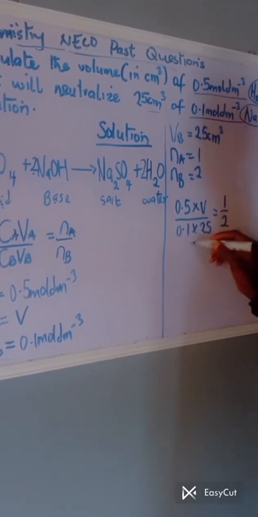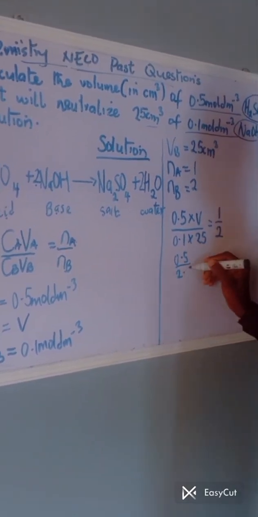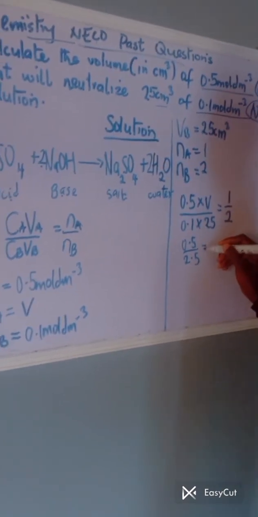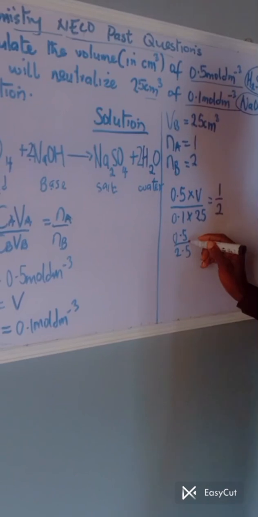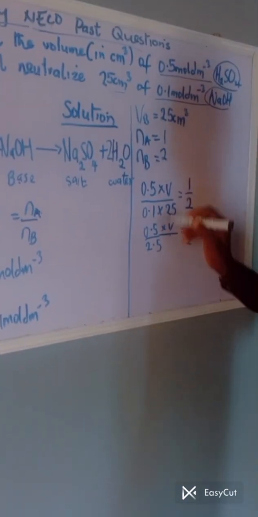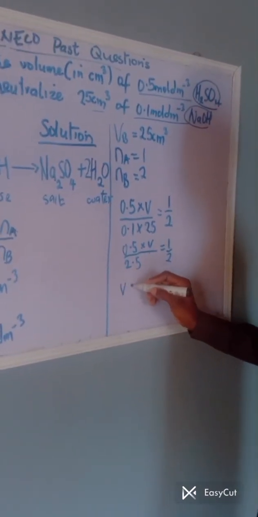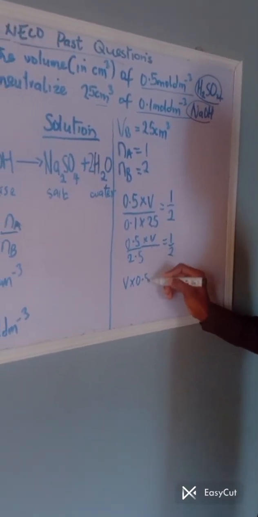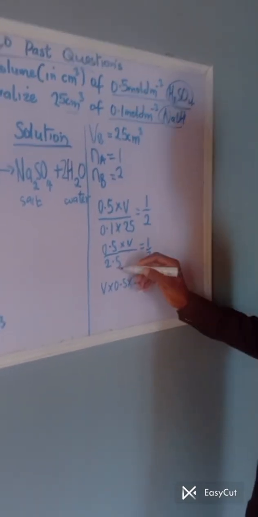So if we multiply, this is 0.5 V over 2.5 equals 1 over 2. When we cross multiply, we have V multiplying 0.5 times 2 is equal to 2.5 times 1.